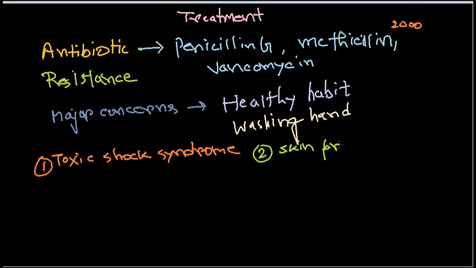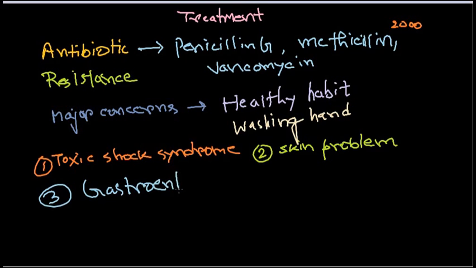Let me write it as a skin problem. And the third type of condition they cause is gastroenteritis. So these are the three major types of concern that are caused by the staphylococcus.